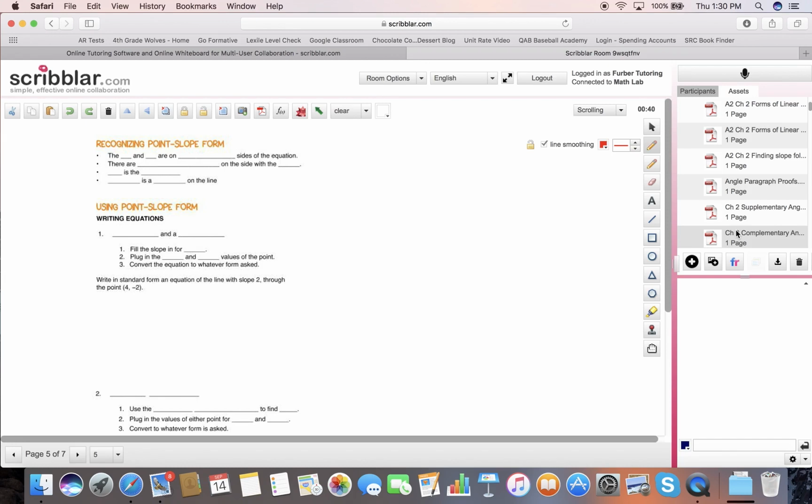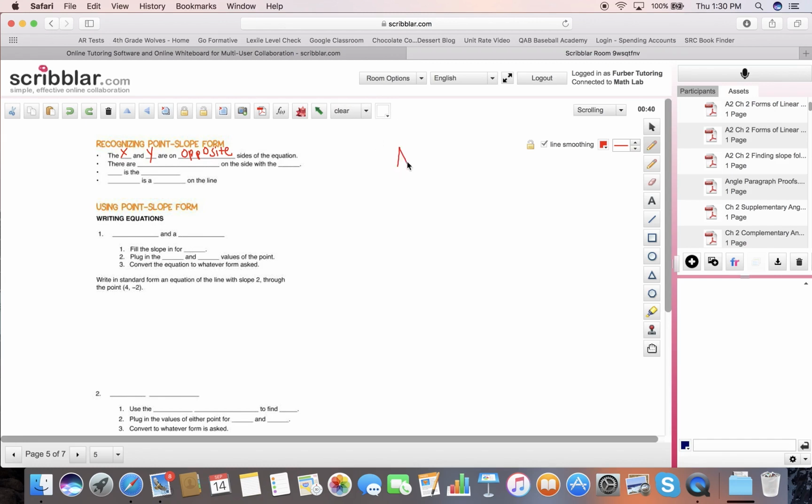If you look in your textbook on pages 64 and 65, you'll see the two instances where we have to use point slope form, okay? But let's make sure we understand what point slope form is. The first thing that you should recognize about point slope form is that the x and the y are on opposite sides.